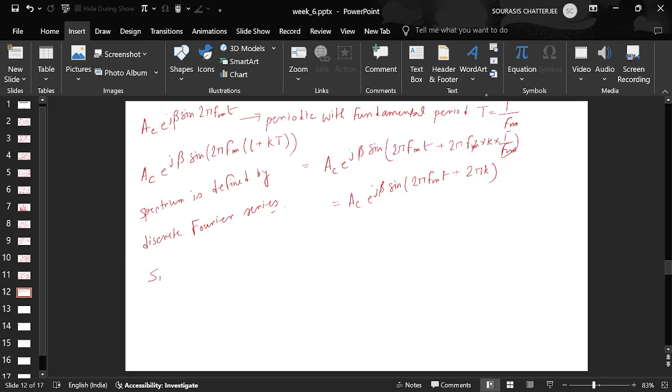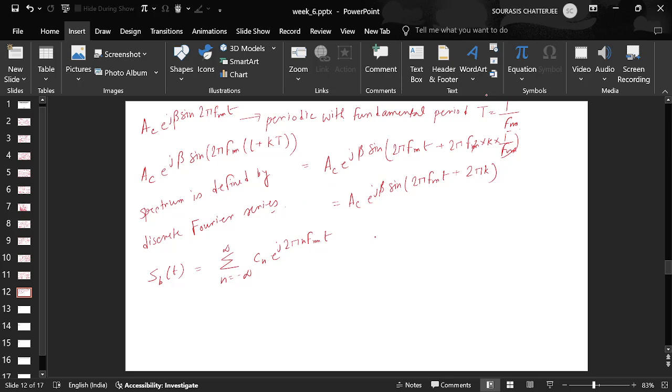You have this complex equivalent baseband signal sb(t). It can be written as follows. Basically, this is the Fourier series expression, with e to the power j 2 pi n fm t. fm is the fundamental frequency, of course, just the inverse of the fundamental period here.